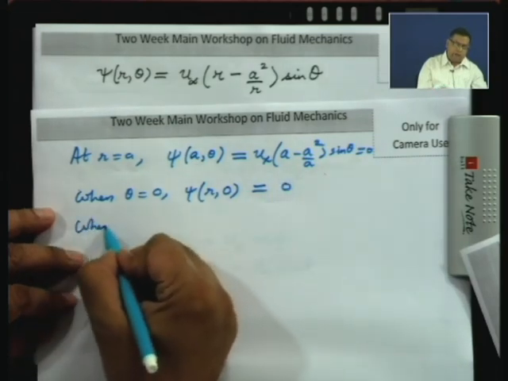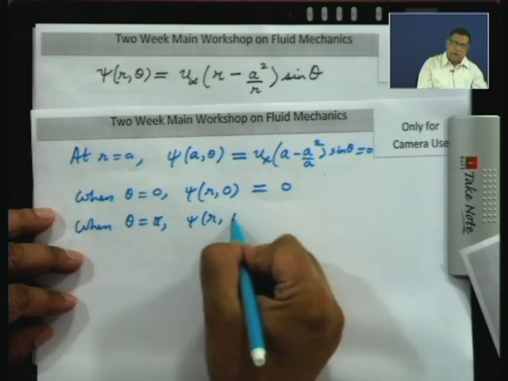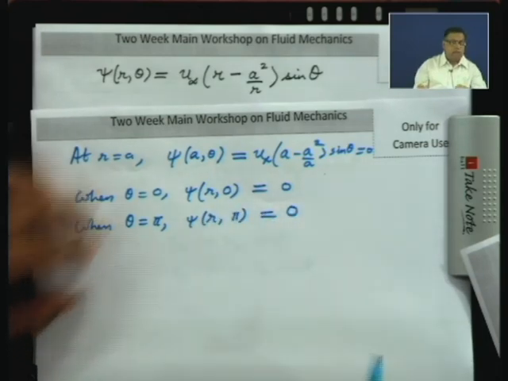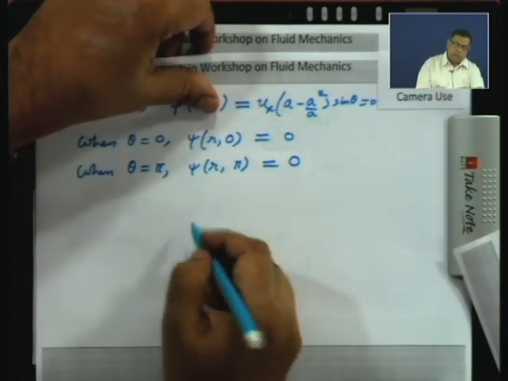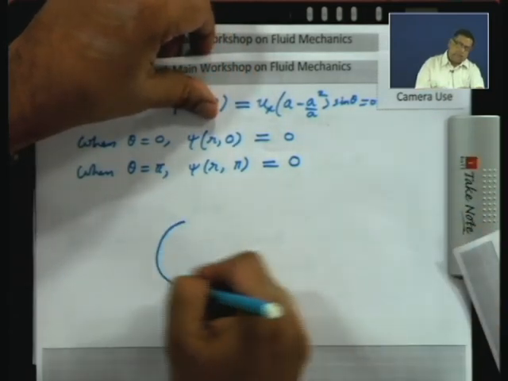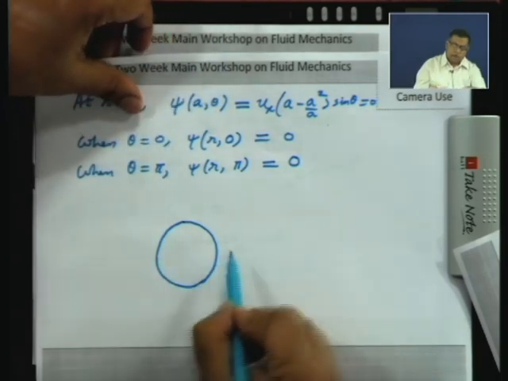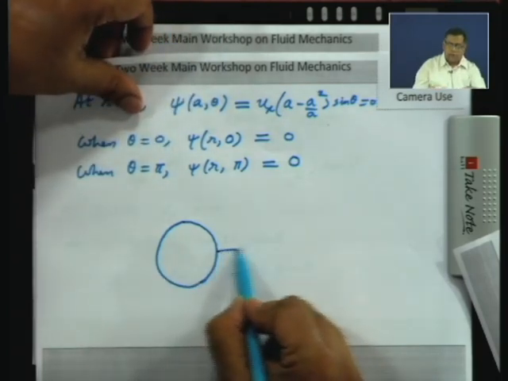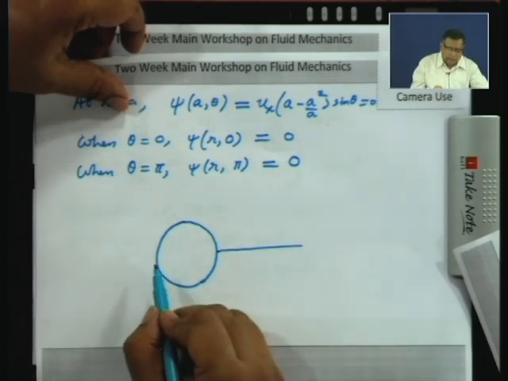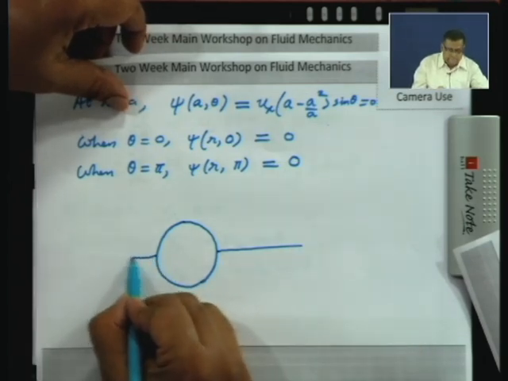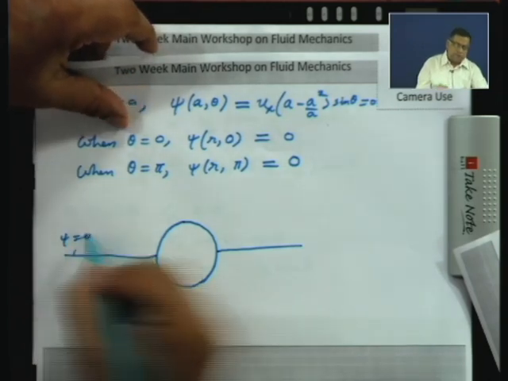Again, when theta is equal to pi or 180 degrees, psi of r comma pi is equal to 0. So, if I want to draw the psi equal to 0 streamlines, you see that the surface of the cylinder is a line where psi is 0, and this line which represents theta equal to 0, and this line which represents theta equal to pi. So, these are the psi equal to 0 lines.